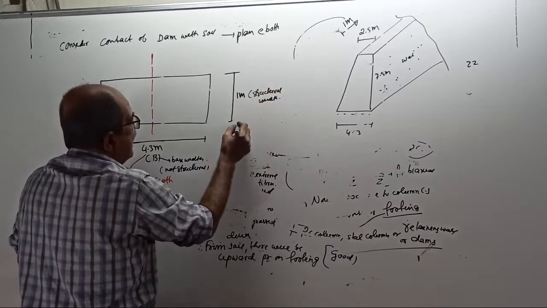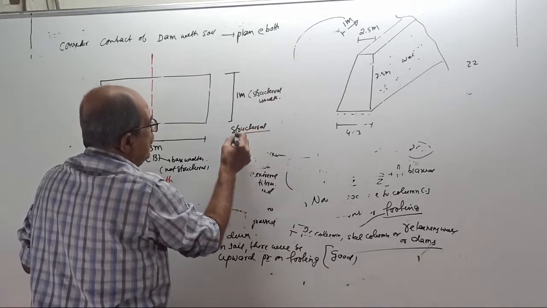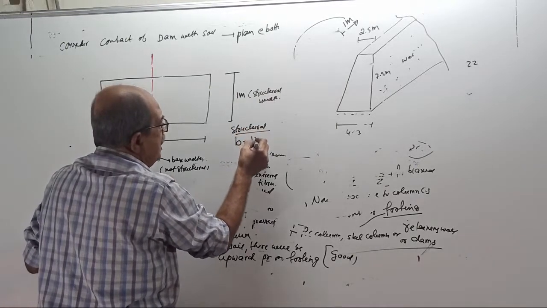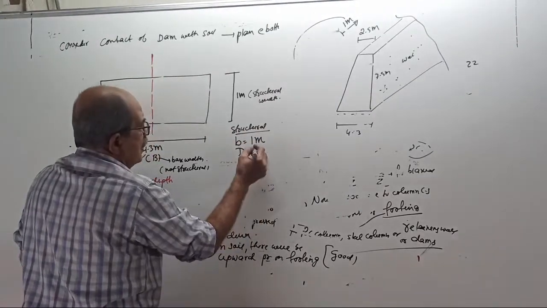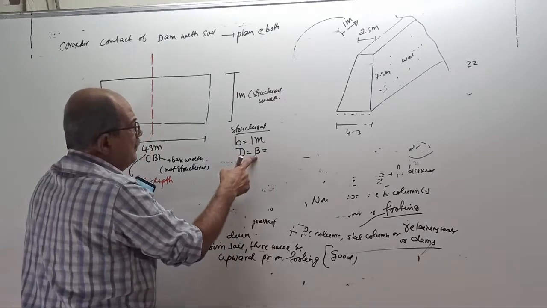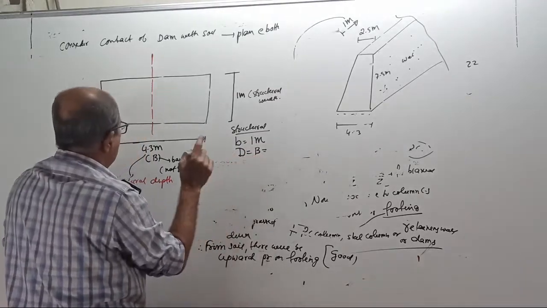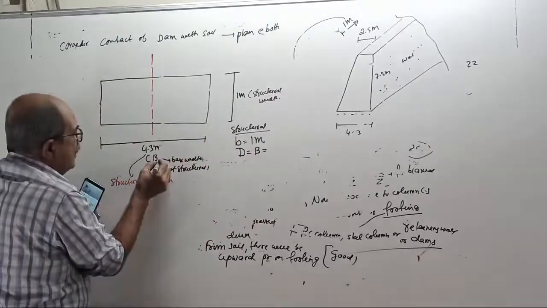Therefore, from the structural calculation point of view, B equal to 1 meter and D equal to your base width. This B is not the standard base width B, or to avoid confusion, I'll put B naught.